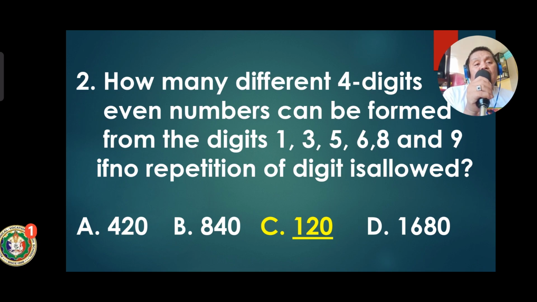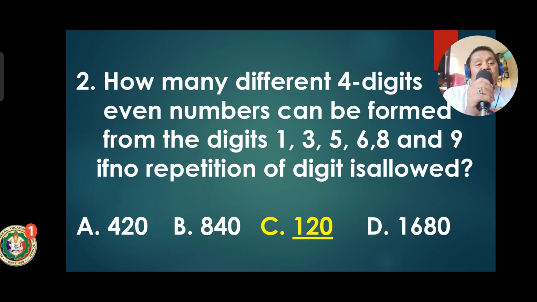Number 2. How many different 4-digit even numbers can be formed from the digits 1, 2, 5, 6, 8, and 9 if no repetition of digit is allowed? Letter A, 420; B, 840; C, 120; then D, 1,680.